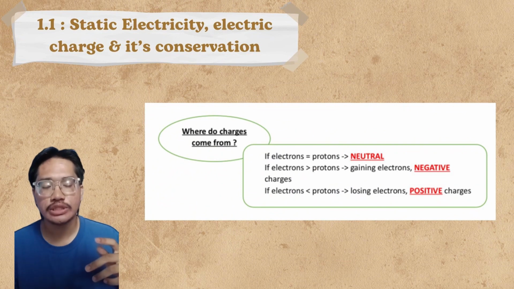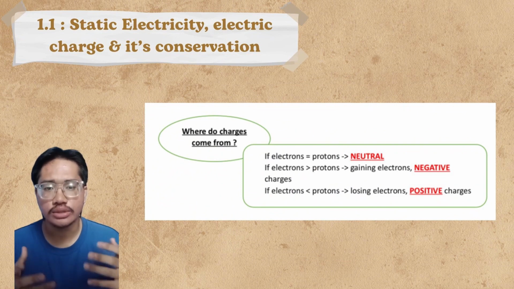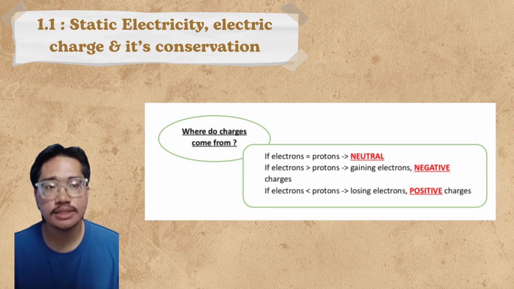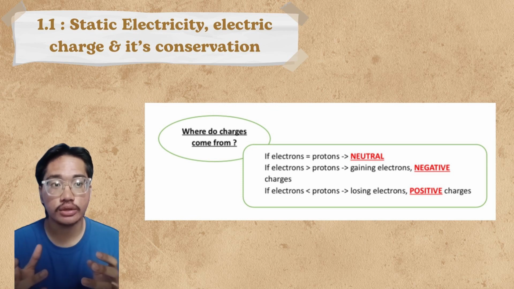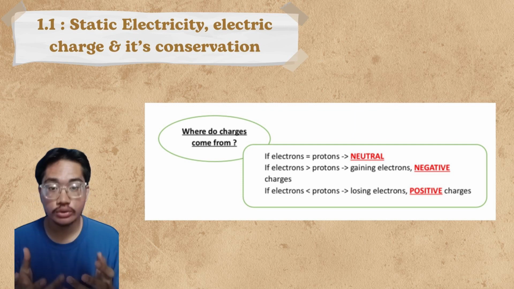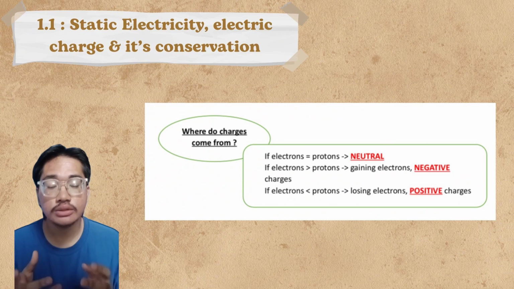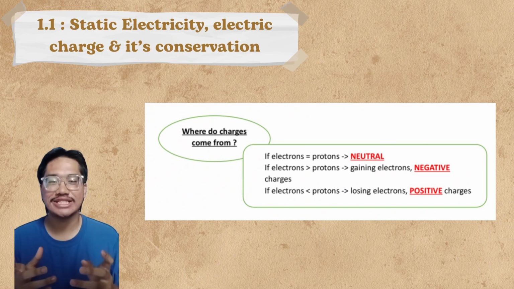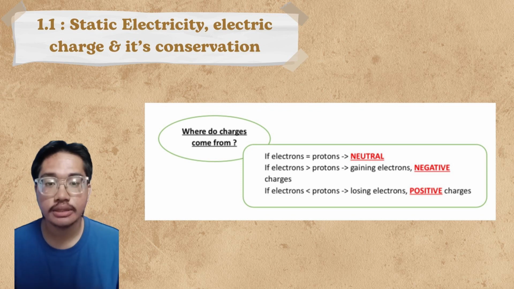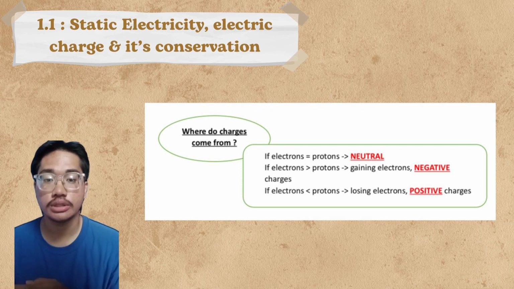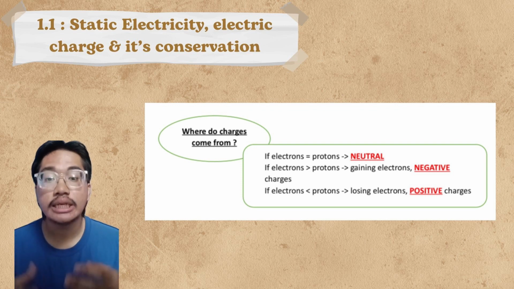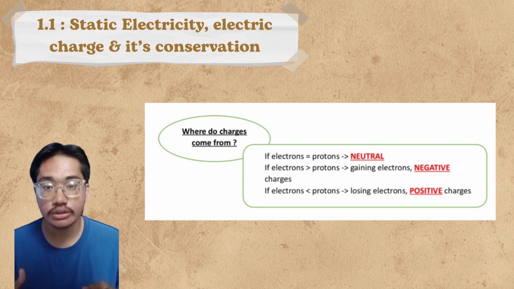Okay, now we should know where charge comes from. The first is if electrons equal protons, they will be neutral: no negative charge and no positive charge. Second, if electrons are greater than protons, they will be negatively charged, gaining electrons.